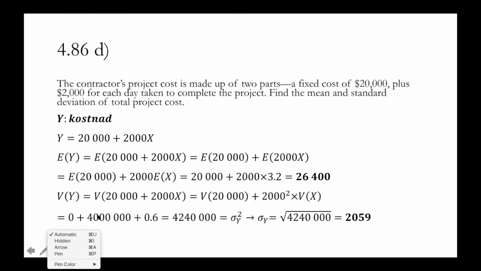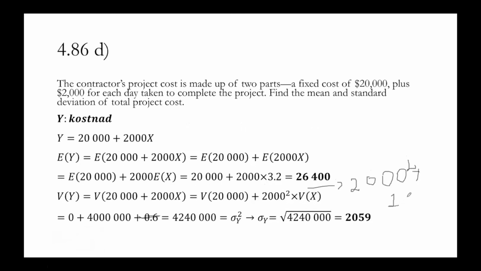I should annotate here. So we plug it in here, 2,000 to the power of 2 times 1.02 that we calculated in the previous exercise.